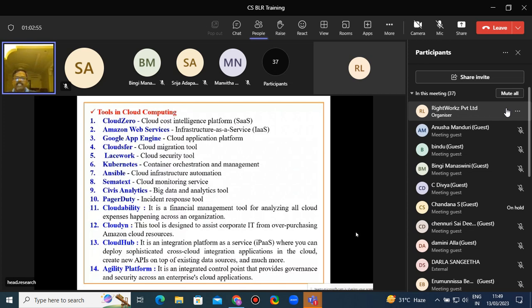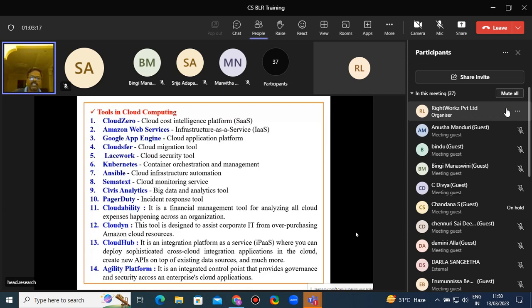It is a financial management tool for analyzing all cloud expenses happening across an organization. Cloudyn. This tool is designed to assist corporate IT from overpurchasing Amazon cloud resources. Cloud Hub.